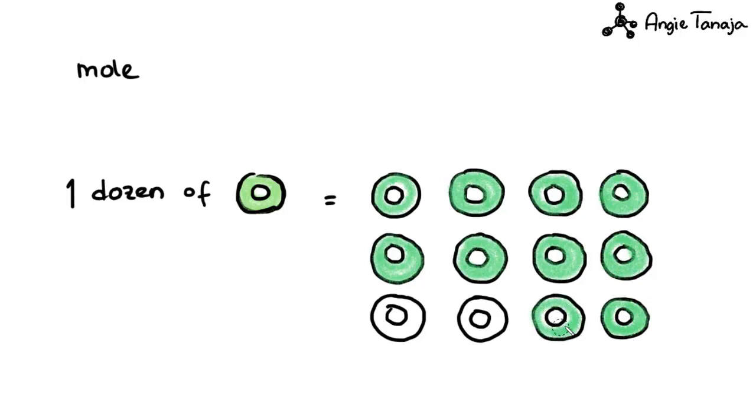So this is my very favorite donut. When I go to a donut shop, I will only buy this flavor of donut. This is the mint flavor of donut, my favorite flavor.